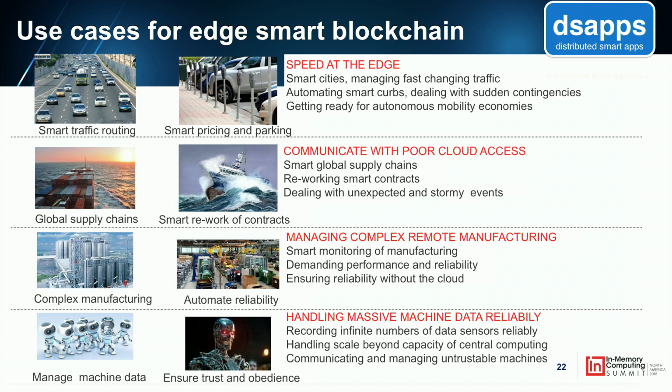The other one is if you have poor cloud access. If you're in the middle of the ocean on a container ship, and some of the produce has gone bad, and there's no way to communicate to a central server, yet they have to make decisions on, okay, I have so many millions of dollars of cargo, I need to now change my contracts, maybe instead of going to Argentina, I'll go to Brazil.